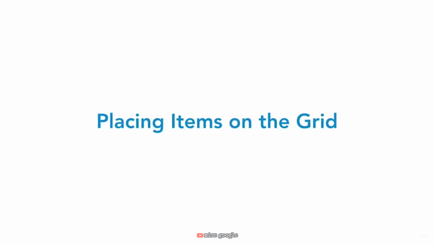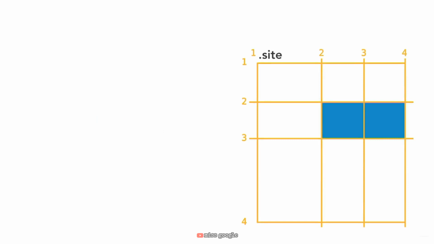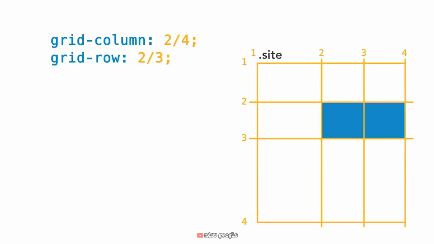What makes CSS Grid such a powerful layout tool is it allows us to specify where on the grid any of the grid items should appear. In other words, once you use CSS Grid, you can put any item anywhere you want in the grid using only CSS, which is pretty magical. The most basic method for placing grid items on the grid is to declare the grid column and grid row values for each item.